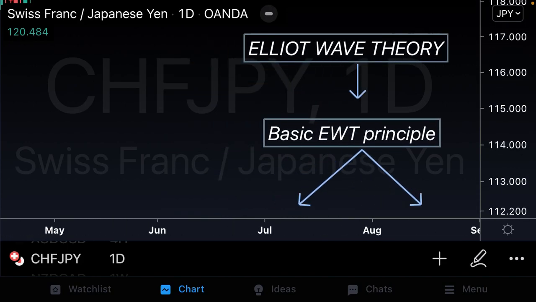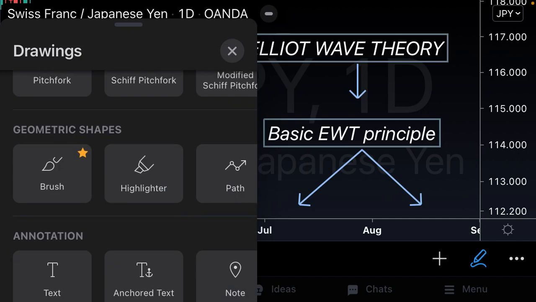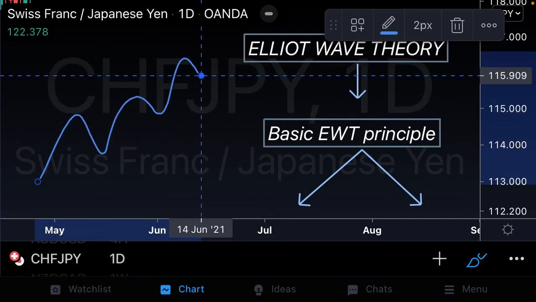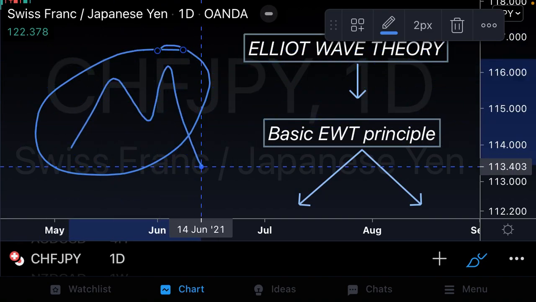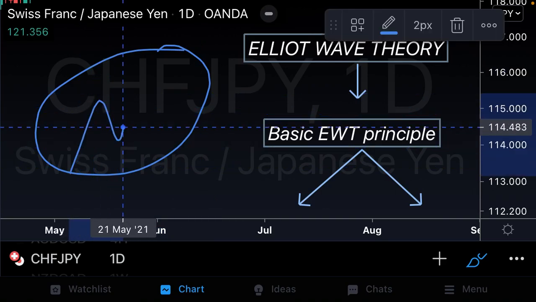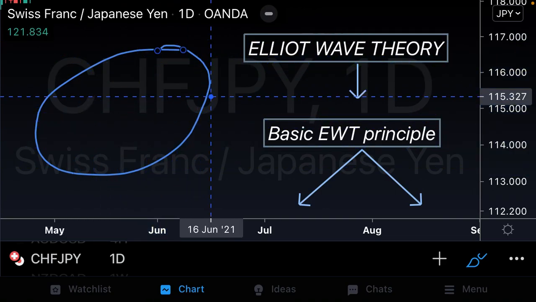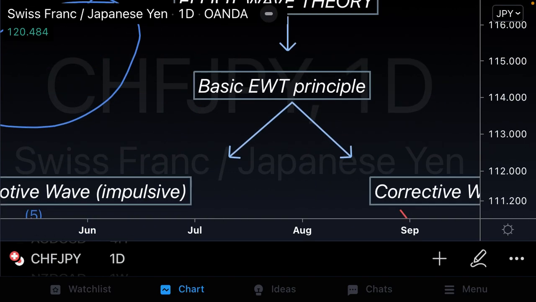So what he was basically saying is that every market, in a sense, has waves, and all you could do is look at the waves that we see occurring within the market, and you will be able to predict future waves that we might see within the market. That's the basic Elliott wave principle, and we thank him for thinking that much.